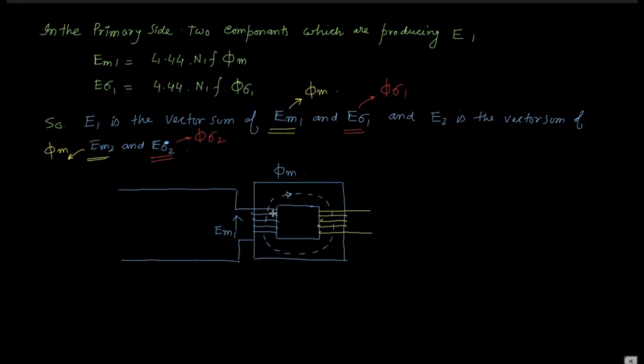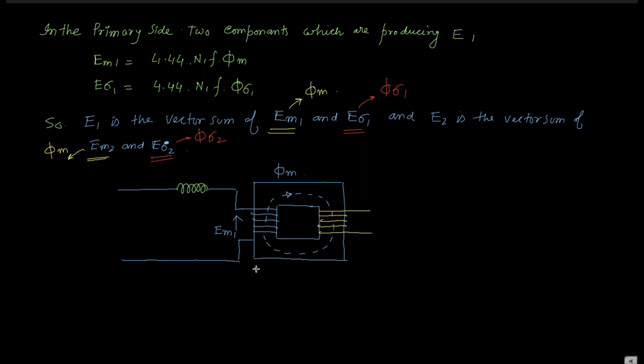E sigma 1 is produced by phi sigma 1. There is another flux, phi sigma 1, which is a leakage flux, also producing some EMF, that is E sigma 1. Where should we keep E sigma 1? You can keep it over here.